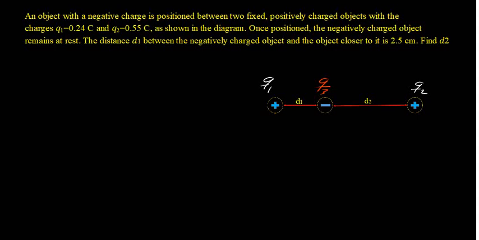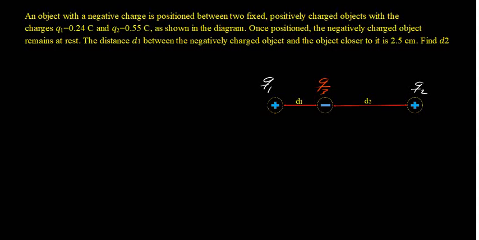In this example we have an object with a negative charge positioned between two fixed positively charged objects. Here is Q1 on the left, it's 0.24 Coulomb, and Q2 on the right, it's 0.55 Coulomb. As shown in the diagram, once the negatively charged object is positioned, it will remain constant, suspended, or at rest, which is a really key thing to answer this question.